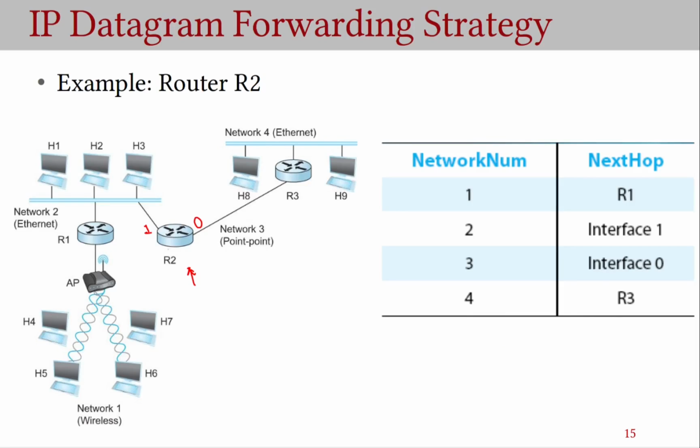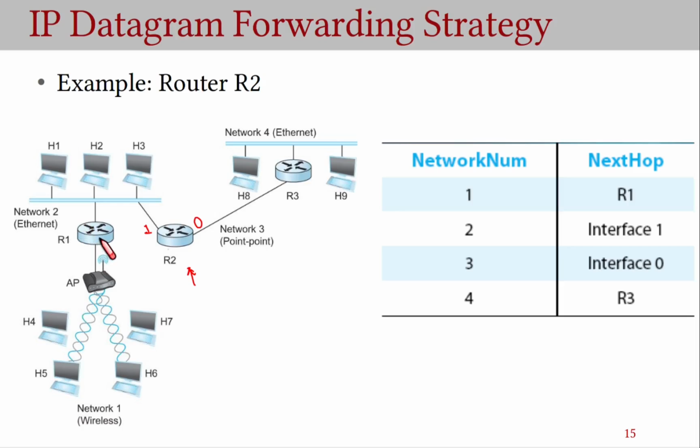Now let's look at two examples with respect to this diagram. Suppose host H1 wants to send a datagram to H2. Since they are connected on the same network, H1 will send this datagram directly to H2. On the other hand, suppose H5 wants to send a datagram to H8. In this case, H5's only choice is to send to R1, likely its default router in its forwarding table.